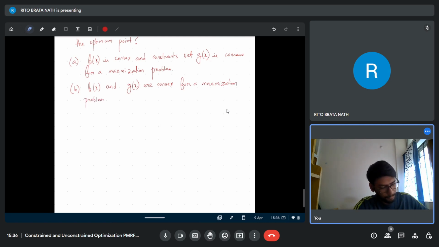Option C is f(x) and g(x) are convex for a minimization problem. This is a convex optimization problem.